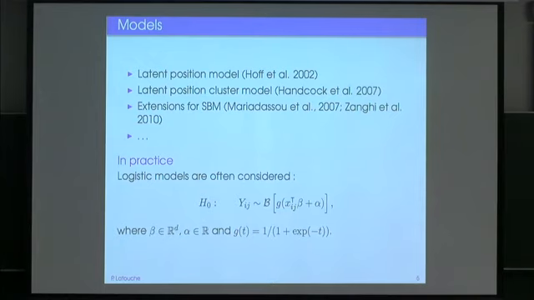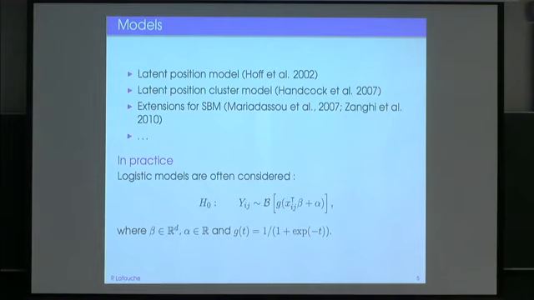But in many cases, and we had a very nice introduction yesterday, historically, sociologists have worked a lot using logistic type models. This is the model which is given here, and which corresponds to the talk we had by Peter Hoff. So Yij here is the Bernoulli variable: 1 if i and j are connected, and 0 otherwise. So obviously you've got a Bernoulli distribution here, and then you've got a link function.